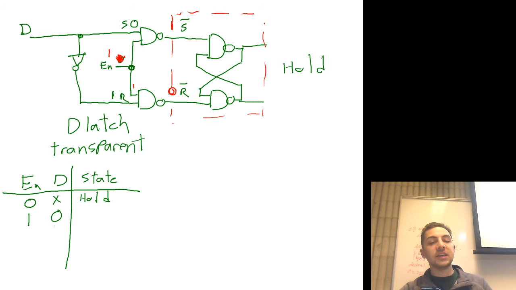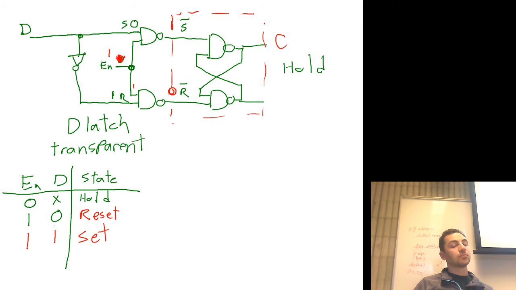That gives us a reset. Okay, that makes Q be a 0. If we're enabled and we have a 1 on D, that gives us a set state. Those are the only possible ways to do things on a D latch or transparent latch.